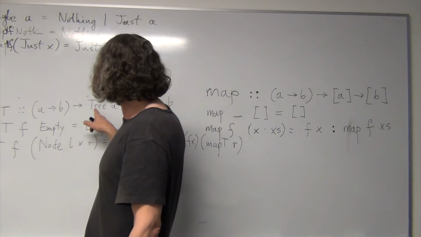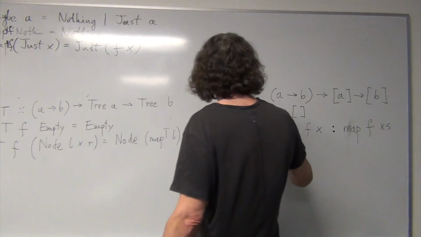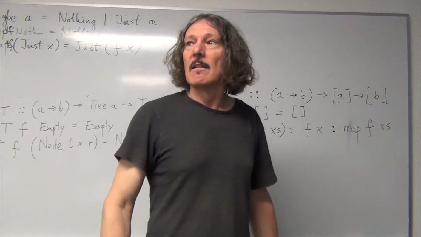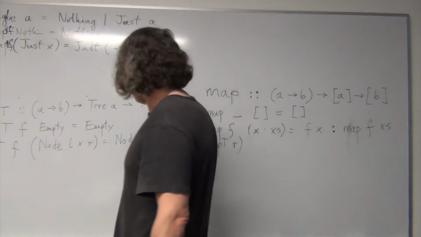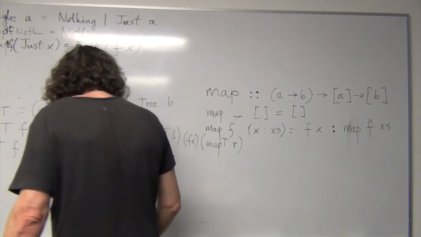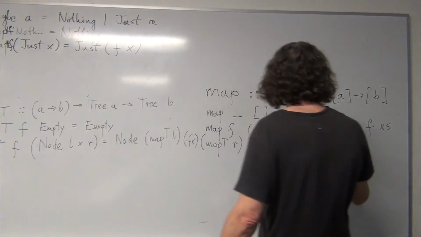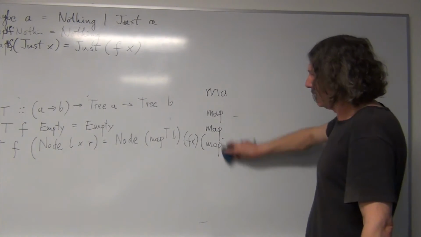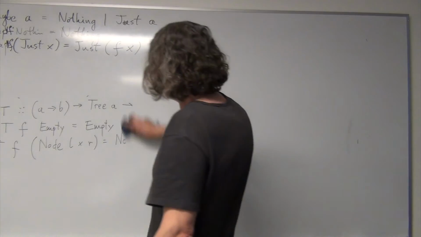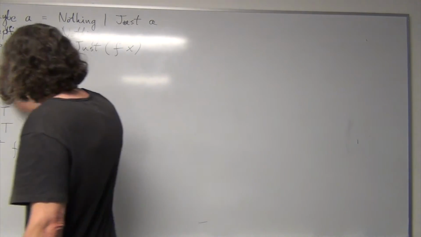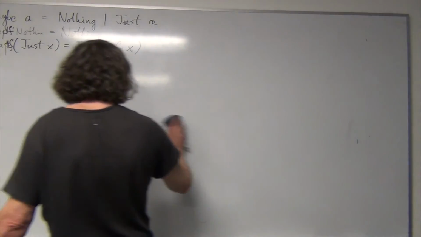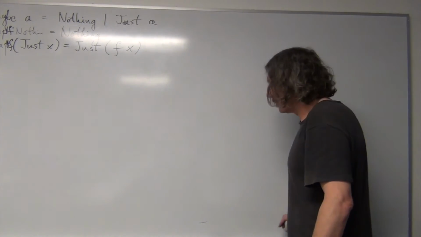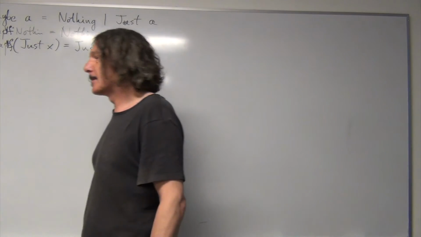One is tree, one is list, one is maybe. So maybe I can erase some of this stuff and just remember this, memorize it quickly. And I want to define this class of types.